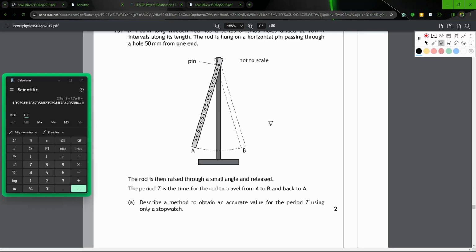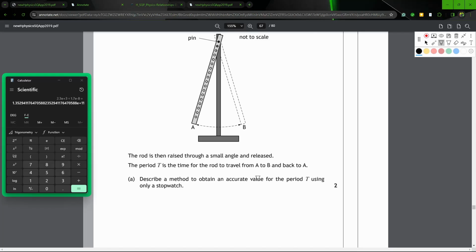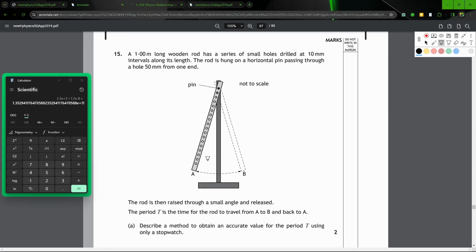So in magic physics land, it's not going to deteriorate; in real life the pendulum would slow down and the swings get smaller and smaller. But since it's physics land, it's just going to keep going back and forward. So are we going to get an accurate value for the period T? Well, if we set it going and leave it, we can count the number of swings, take the time, and then divide by the number of swings.